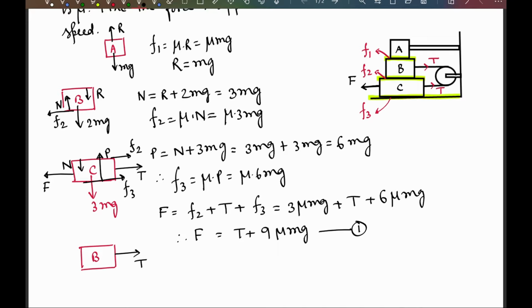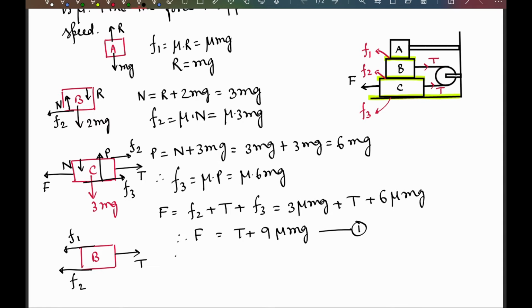The frictional force between block B and block C is towards left, that is F2, and block A is fixed. Therefore, the relative velocity of block B with respect to block A is towards right. Therefore, friction applied by block A on block B is towards left, that is F1.